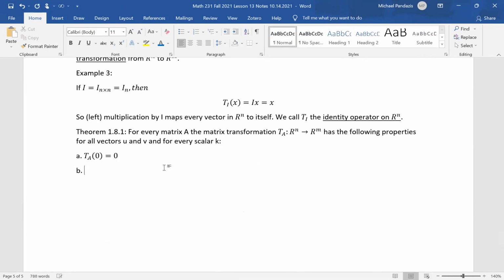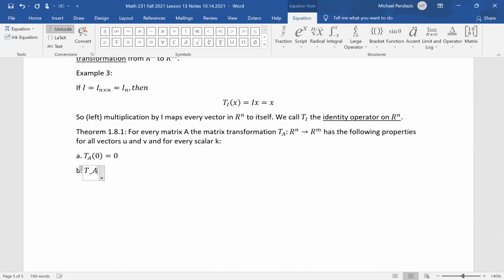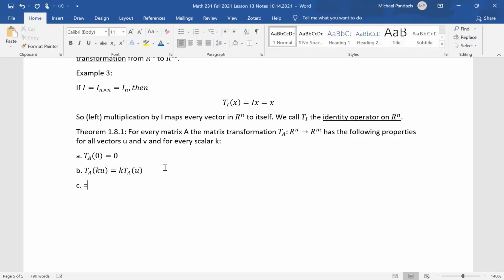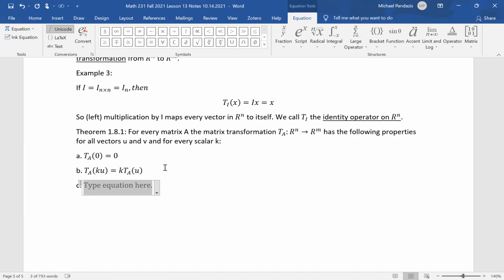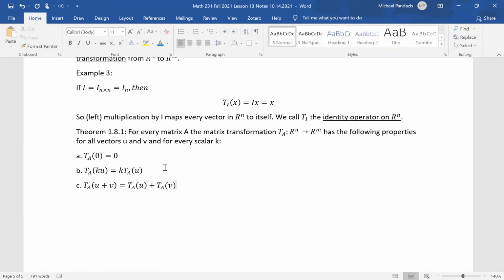B, T sub A of ku is equal to k times T sub A of u. C, T sub A of u plus v is equal to T sub A of u plus T sub A of v.